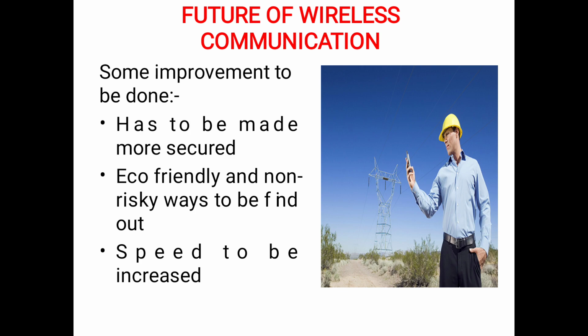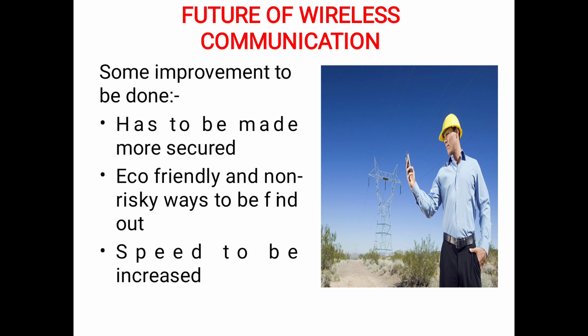So the future of wireless communication: some improvement has to be done. For example, if we are using Bluetooth, those who are in that room can also use the Bluetooth access. If we use it in our mobile, they can also use that accessing, and then it will be eco-friendly and non-risky.